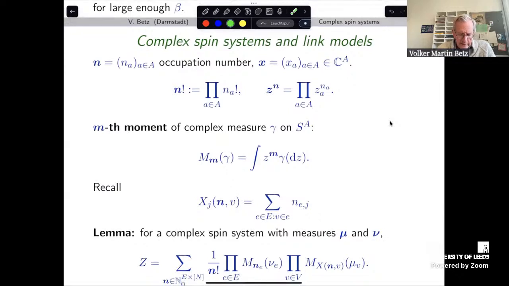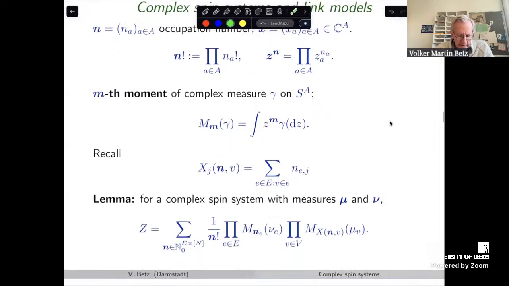And now let's link these complex spin systems back to these linked systems. So I use this multi-index notation. For occupation numbers, I use n factorial as the product over n_a factorials, z^n as the product over z_a to the n_a. And I define the m-th moment of a complex measure to be just that. So it's the integral of z^m, where m is the occupation number, with respect to gamma dz.